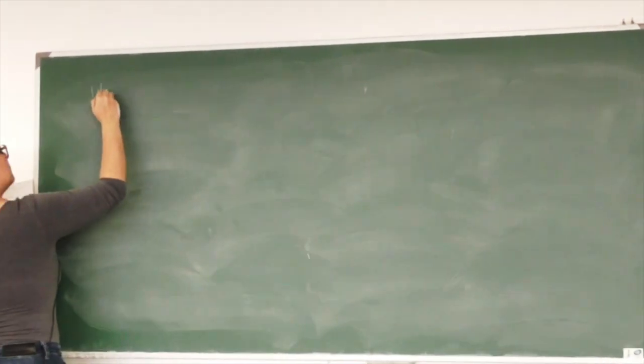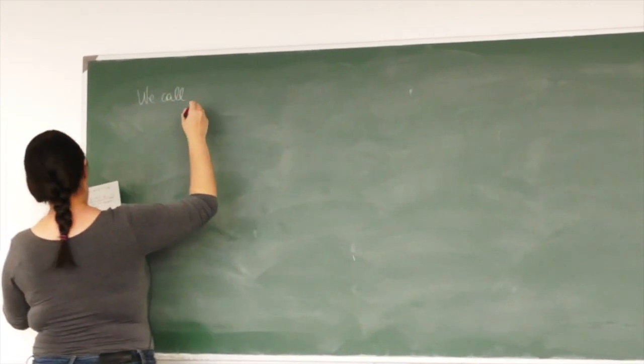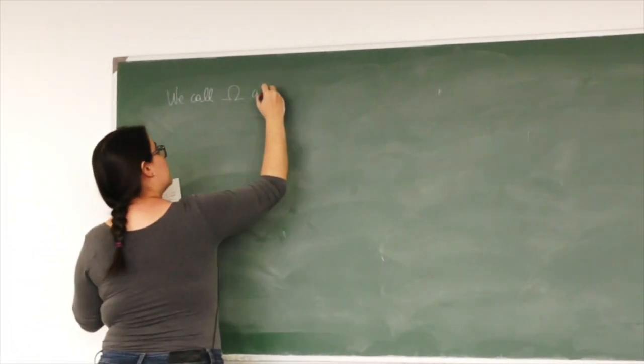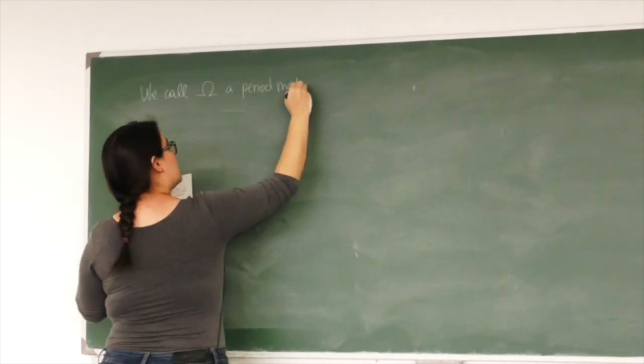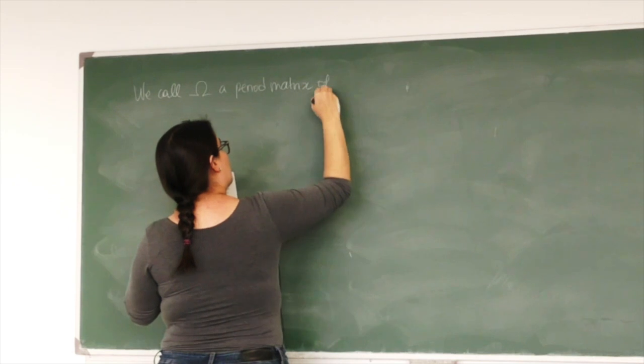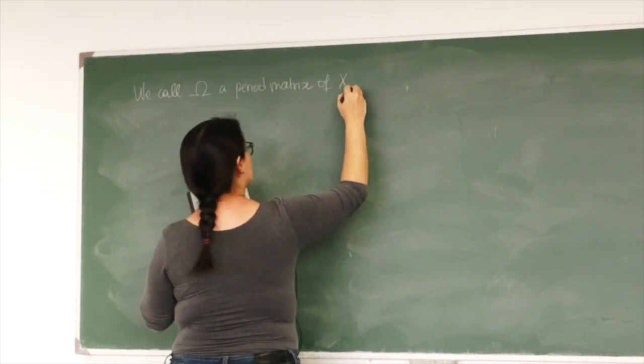So we call omega a period matrix of complex vector.